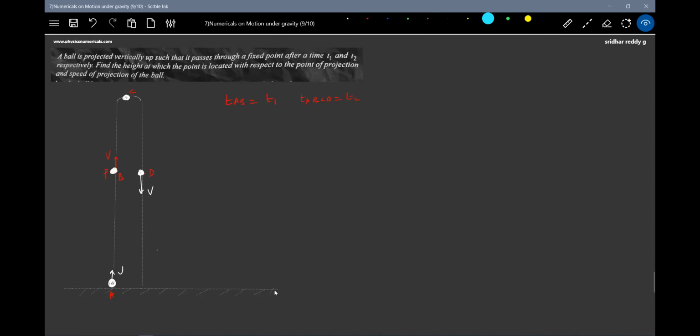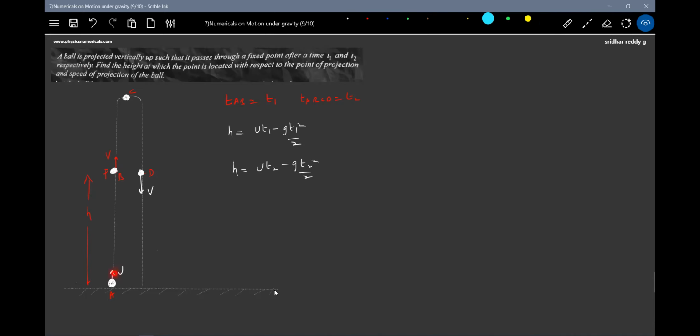Okay, let's do one thing. Let this height be H, unknown, and the speed U. These two are what is being asked. Let me write all the possible equations. H is equal to UT1 minus half GT1 square. Then again, same H equals UT2 minus half GT2 square.